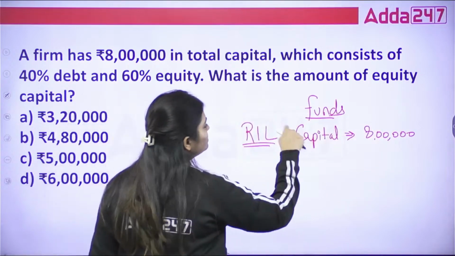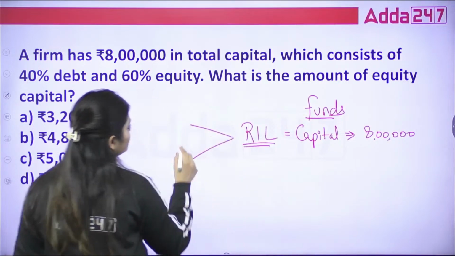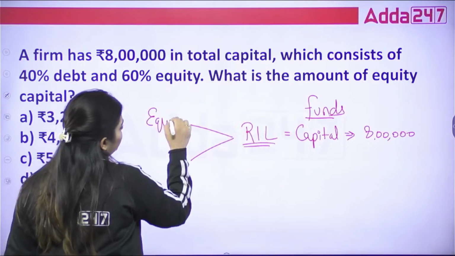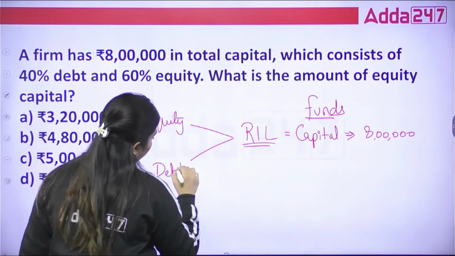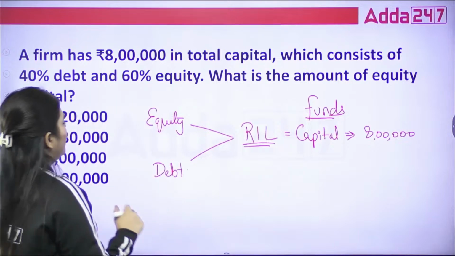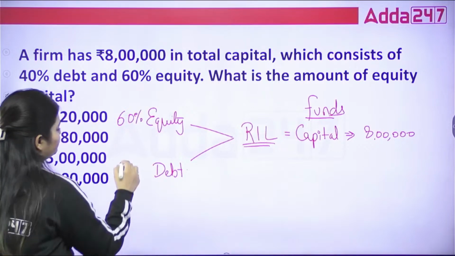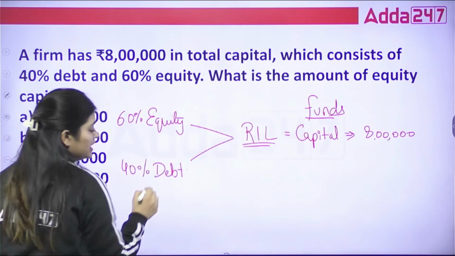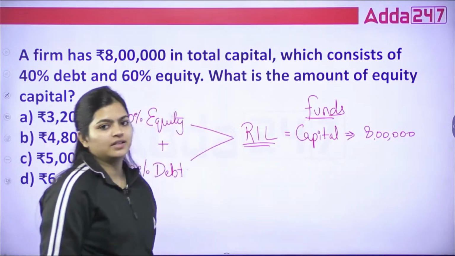But how did this Reliance company raise the 8 lakhs? By two options: first by equity and next by taking debt. They have taken equity around 60% and debt around 40%. By adding these two, they have got 8 lakhs.